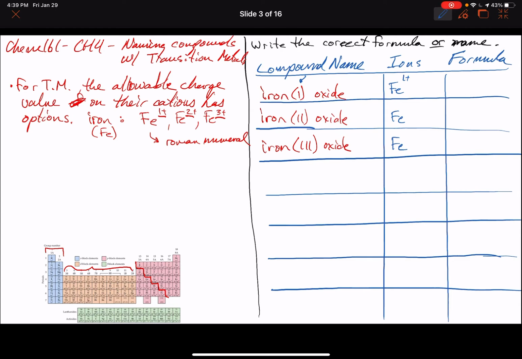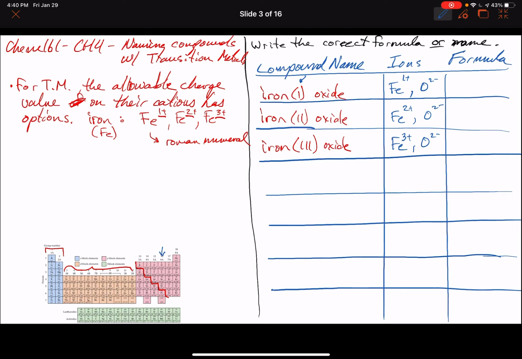The Roman numeral in iron(II) oxide tells us this is an iron 2+ cation. And likewise on that third option, Roman numeral III, a 3+ iron cation. We know from the oxide and the position of that anion in group 6 that the charge value has to be 2 minus, and that's going to be in common in all of these examples.